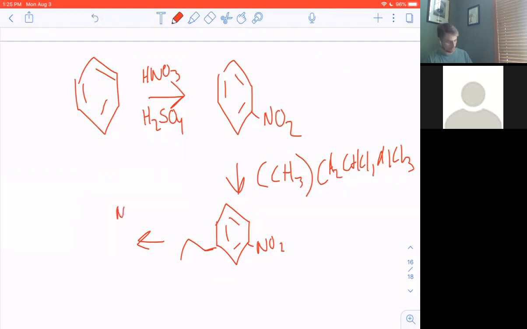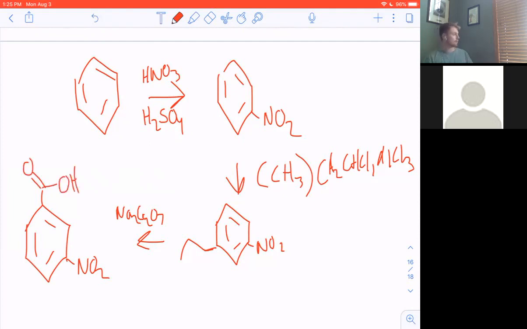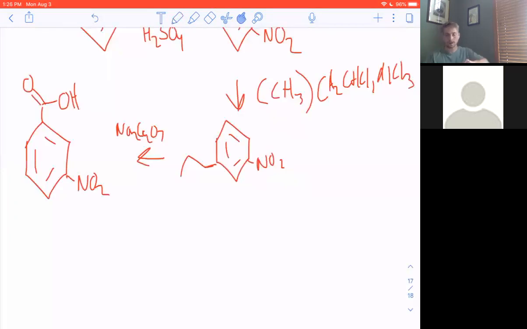So Na2Cr2O7, as well as the sulfuric acid and water. I'm not going to write that all out right now, though. And all that will do is transform it into this. And there we go. So that's one of those.